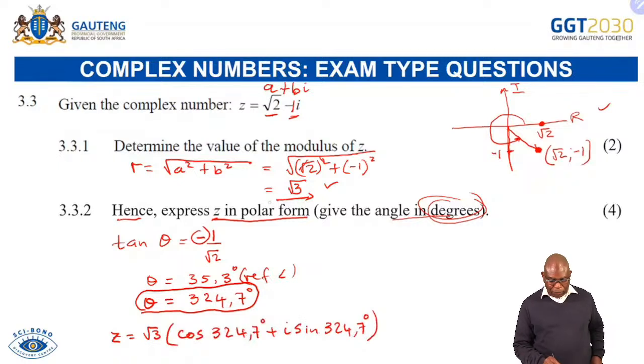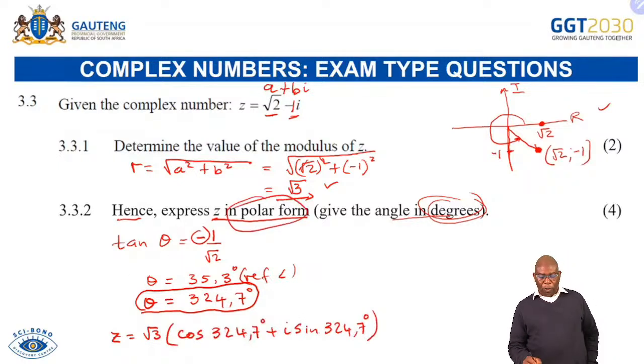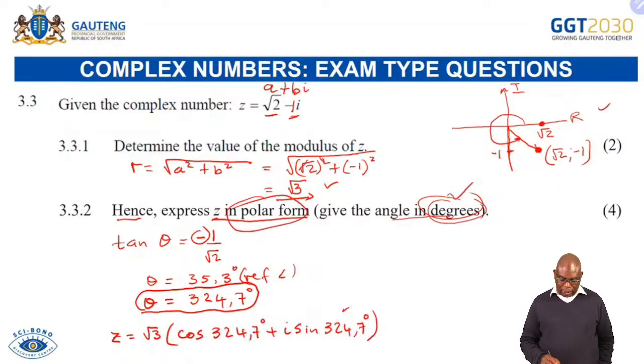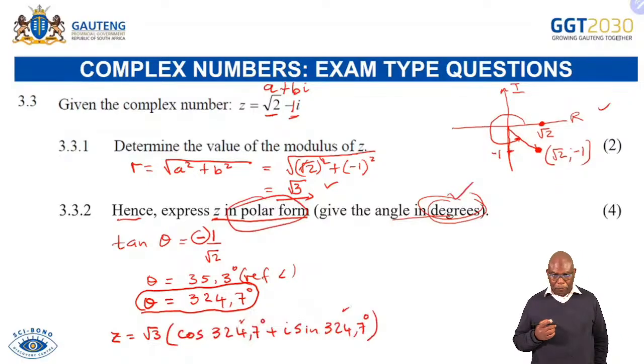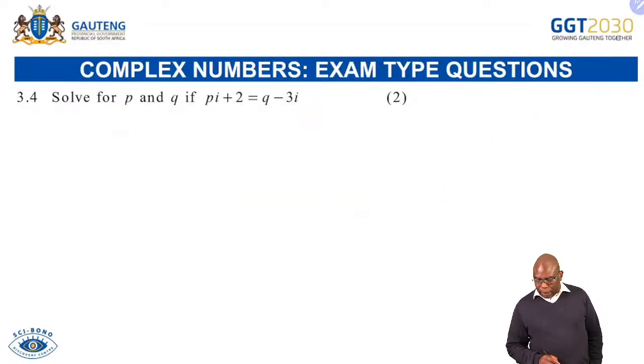So that is in polar form. So the polar form needs degrees, and these angles are in degrees. Sometimes they write it in radians. So therefore it means you must change the angle to radians, which I hope we all know how to do. Okay.